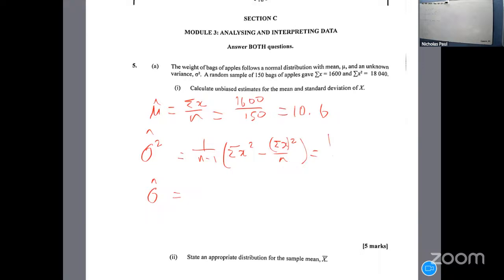So that's 1 on n minus 1, so 1 on 149 by 18,040 minus sum of x squared. That'll be 1600 squared all over 150. 6.5, after the square root.